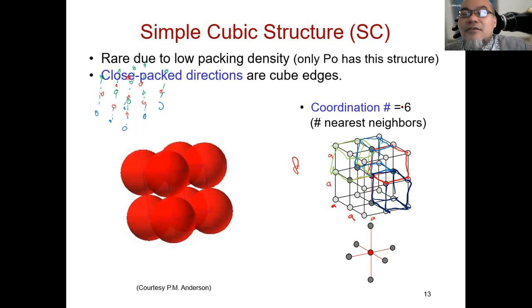So the share of the atom owned by a single unit cell is 1 divided by 8, which is 1 over 8. And since there are 8 atoms located at the corners of the unit cell, this is multiplied by 8. So the total number of atoms within a single unit cell is 1.